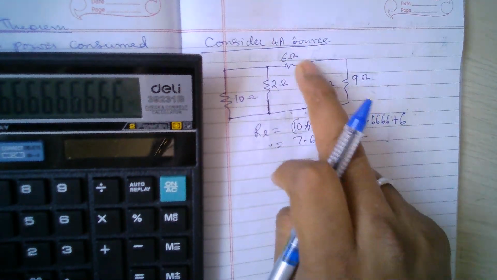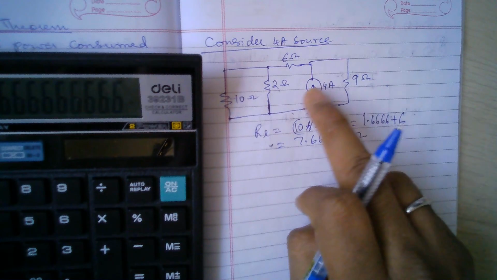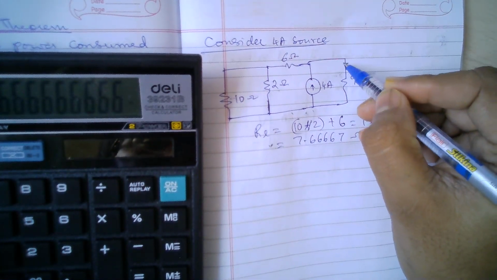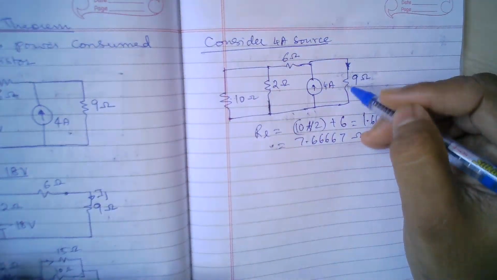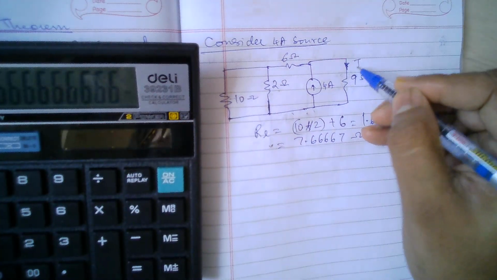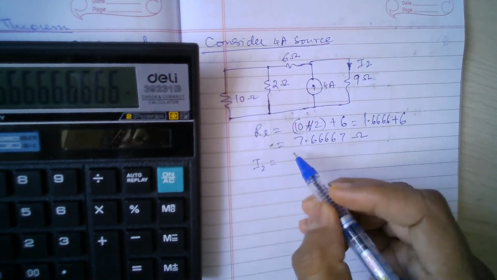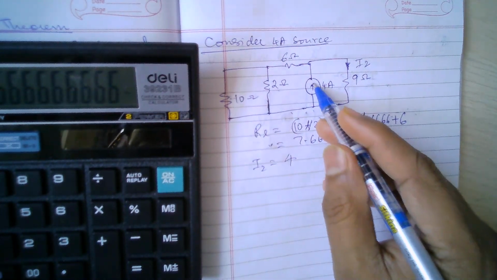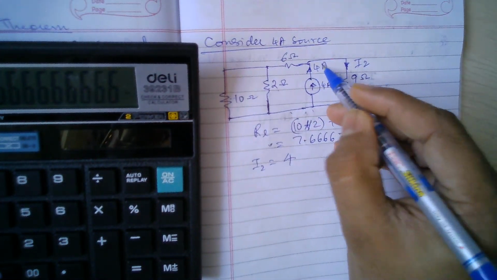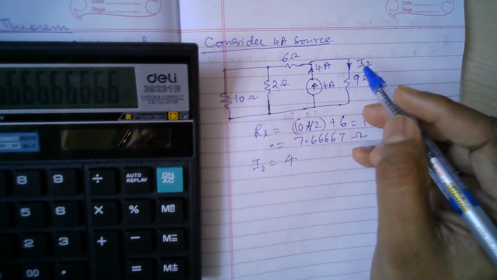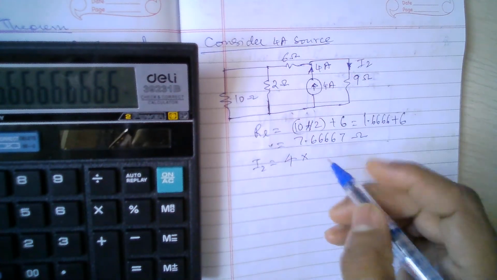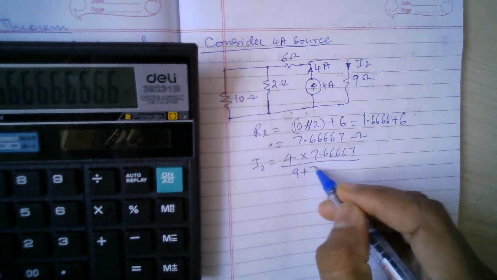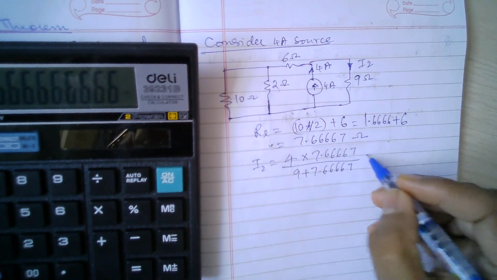Now this resistance will be one branch and the other branch is 9 ohms. Now 4 amperes is flowing, so I want I2. Notice the direction will again be downwards here. The 4 ampere current is divided into 2 branches, so it is multiplied by the opposite branch, that is 7.66667, divided by the total, 9 plus 7.66667.